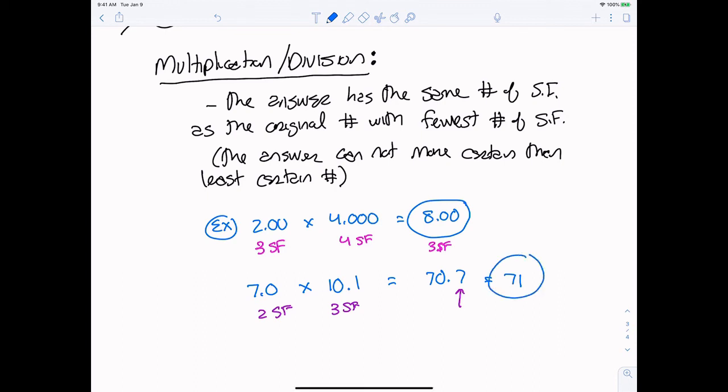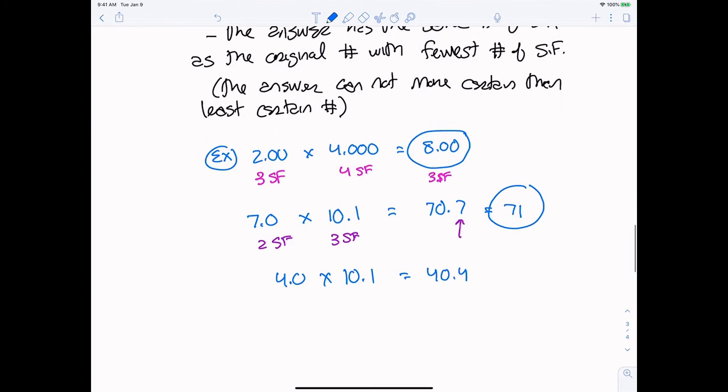Just for kicks, let's do another one that's very similar. Let's do 4.0 times 10.1. So I get 40.4. This one's a little tricky. Again, this has 2 significant digits and this has 3, so I do want 2 in my answer. This time the first digit I'm dropping is less than 5, so I'm just going to drop it.